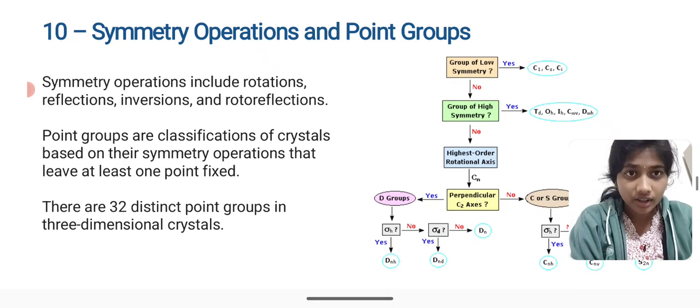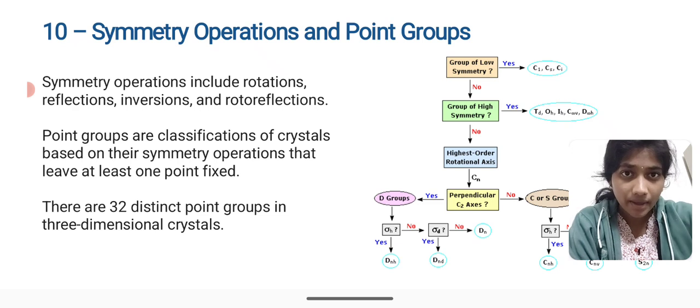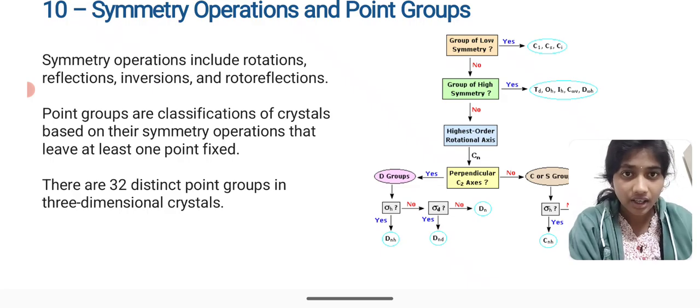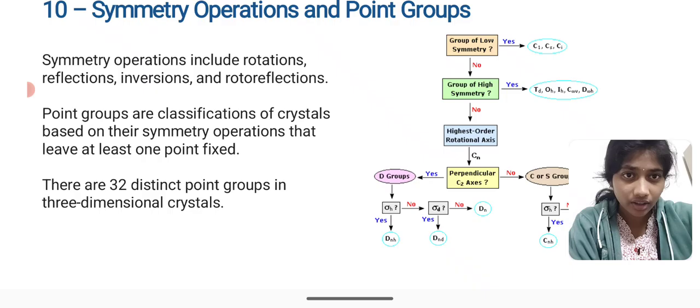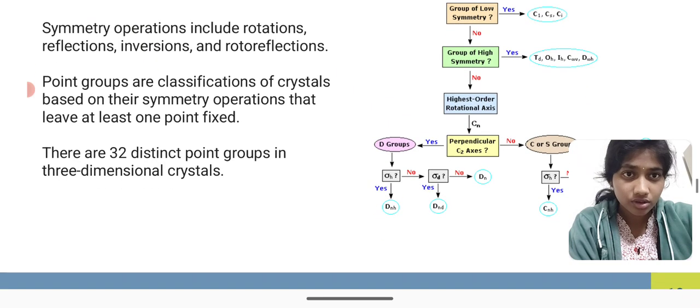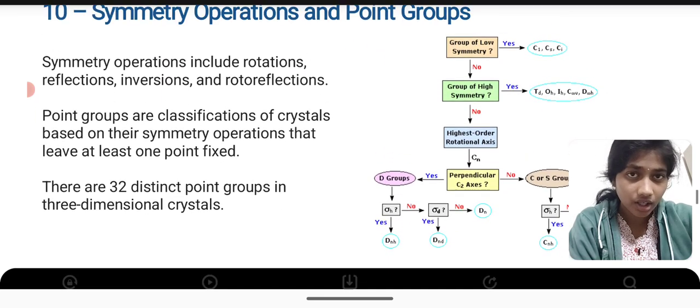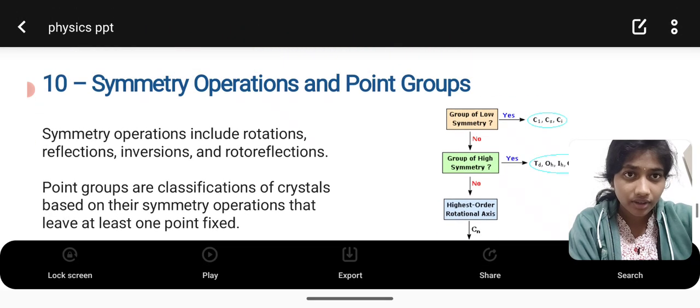Point groups are classifications of crystals based on the symmetry operations that leave at least one point fixed. There are 32 distinct point groups in three-dimensional crystals. This is the relevant chart for symmetry operations and point groups.